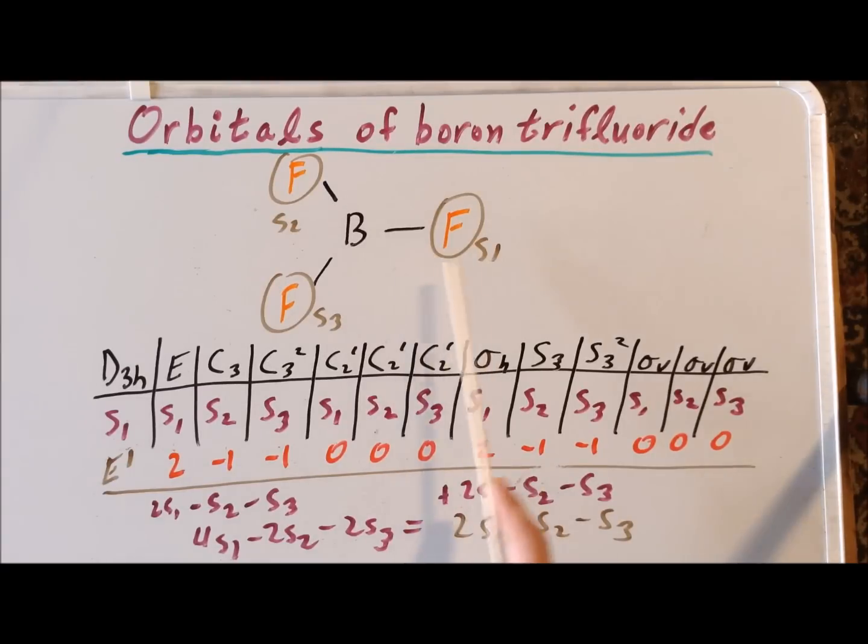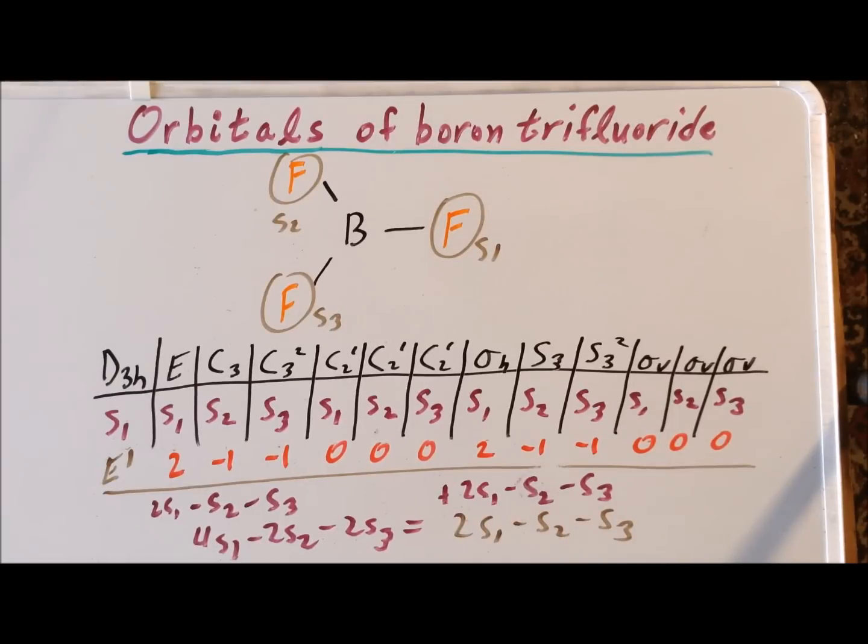The S1 orbital has a positive phase, and then the S2 and S3 orbitals have the opposite phase, so they'll be negative phase. So we'll draw what that looks like in detail in a second, but the coefficients by their magnitude tell us the relative size of the orbitals, how they contribute to the molecular orbital, and the sign tells us the relative phases.